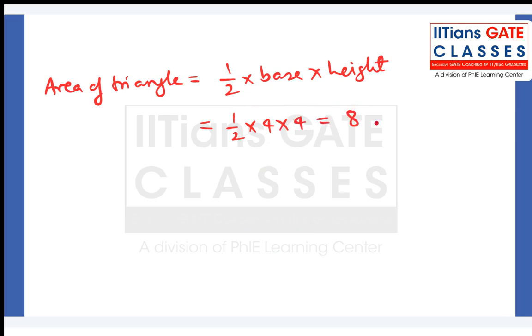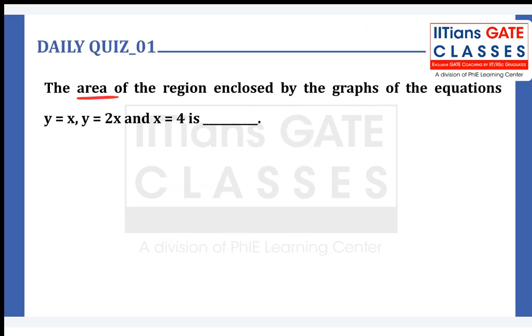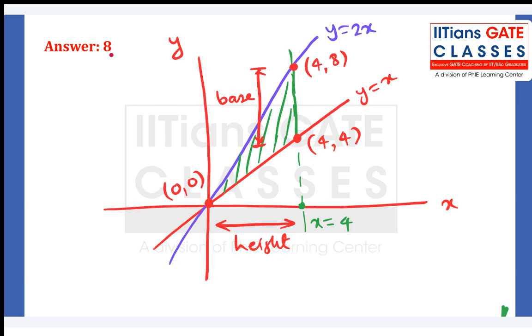So the area is 8 square units. They have not mentioned which unit, so I think that is not asked. It's a data entry type of question, so you just put the answer, and 8 is the correct answer. This is one way to do it.